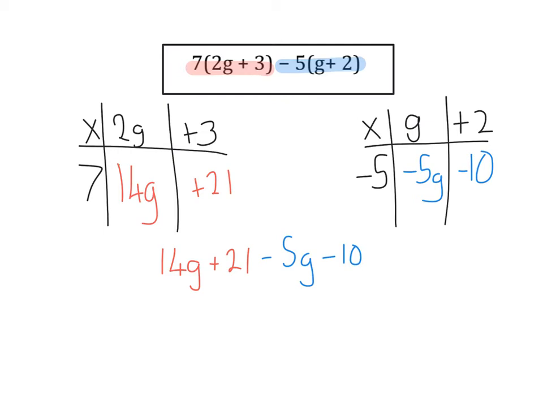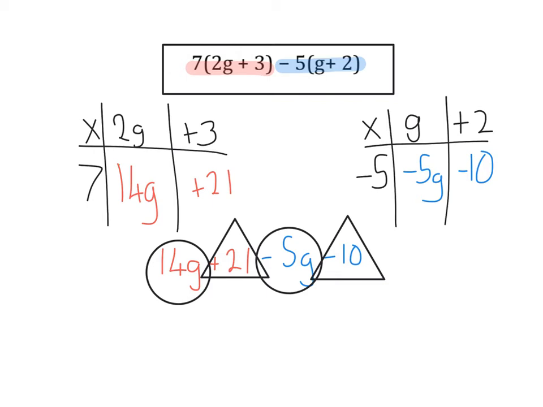So now I need to use my shapes, so I'm going to put circles around my g's. And I'm going to put triangles around my numbers. Doesn't matter what shape you use really.